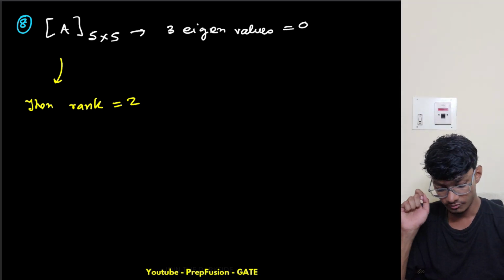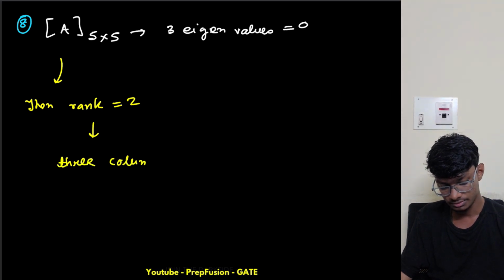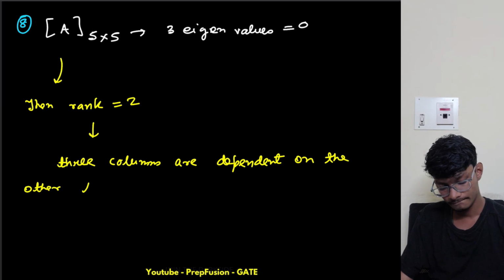So what does this signify? It signifies 3 columns are linearly dependent on the other two columns.